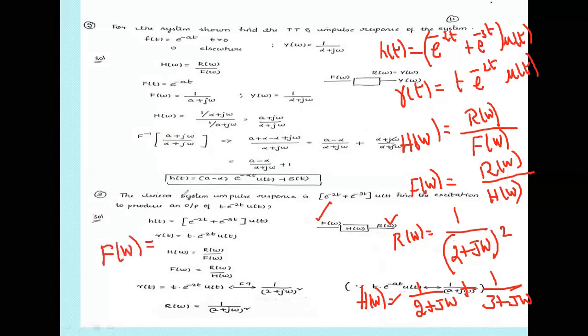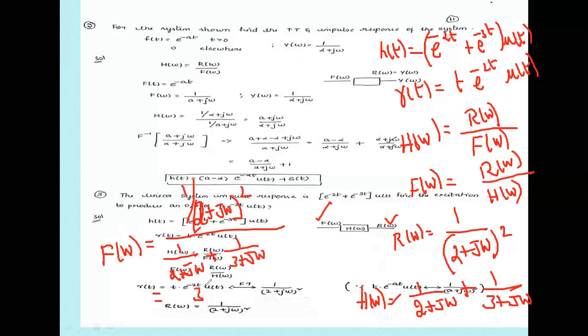F of omega is equal to R of omega, 1 by 2 plus j omega whole square, whole divided by H of omega, 1 by 2 plus j omega plus 1 by 3 plus j omega. Simplify this function.